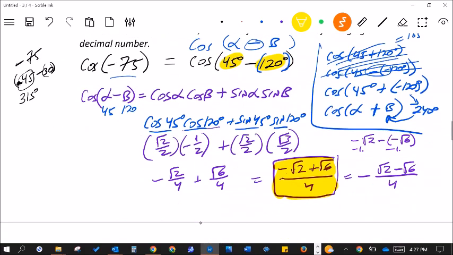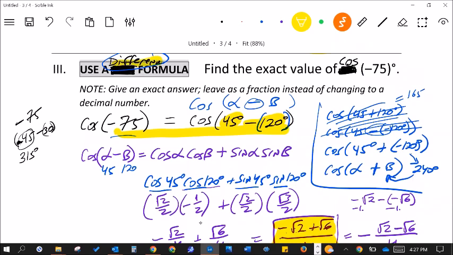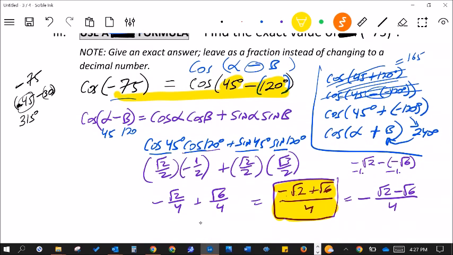So here on this one, I had to rewrite this in some form, in this case as a difference. I had to make a subtraction. And then I just used the formula, plugged in the degrees and the appropriate sine or cosine, and then could add them or subtract them together.